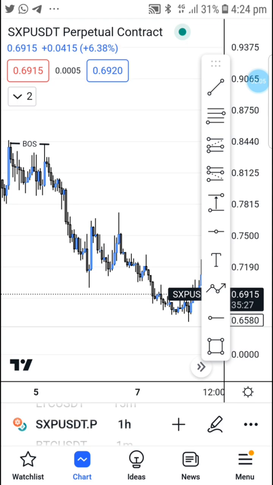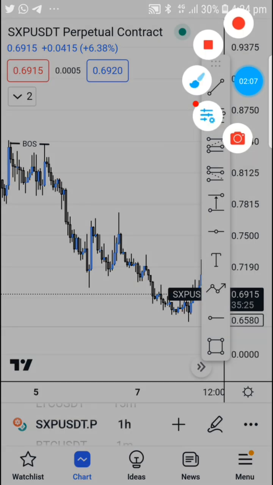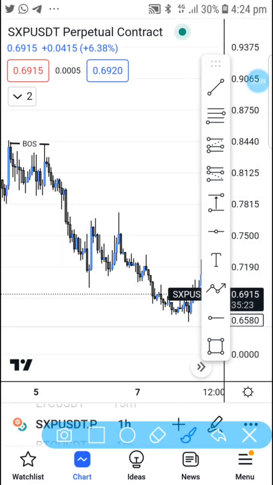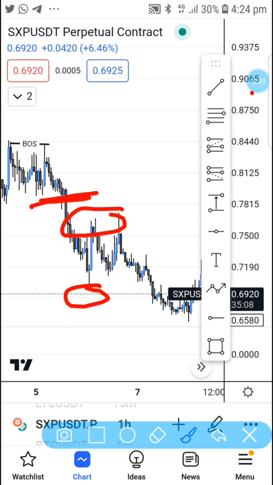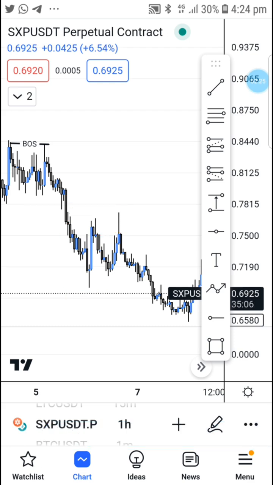And so the next break of structure here is around this point, because I'm telling you, in a downtrend, it went below the previous lower low, so it created another lower low around this place. So my next break of structure is around this place.